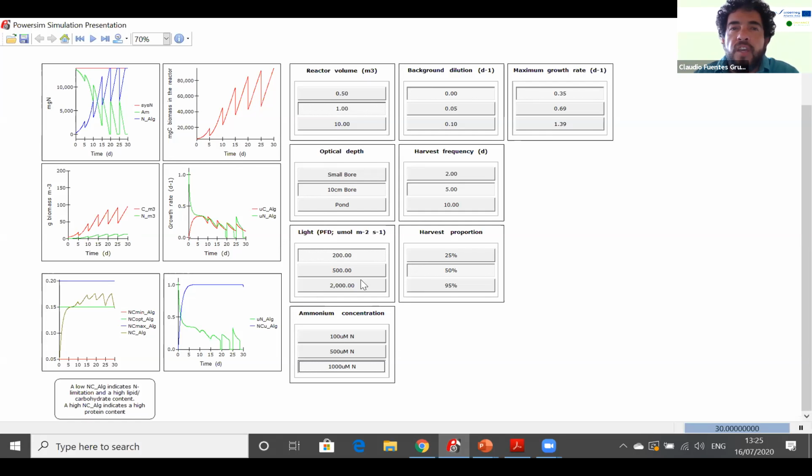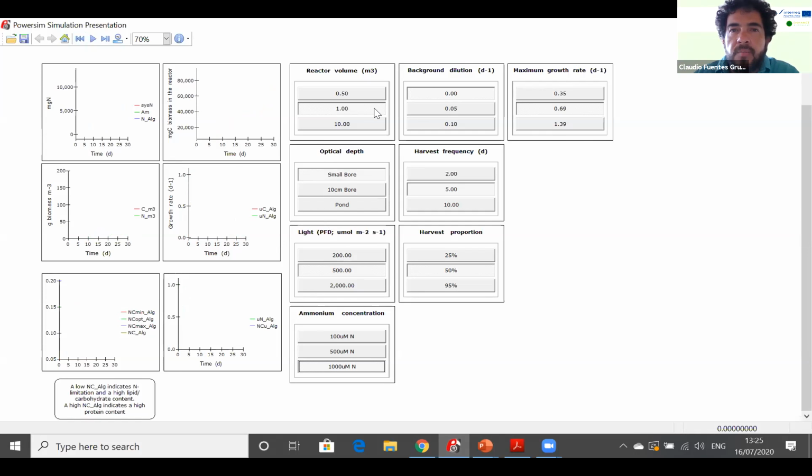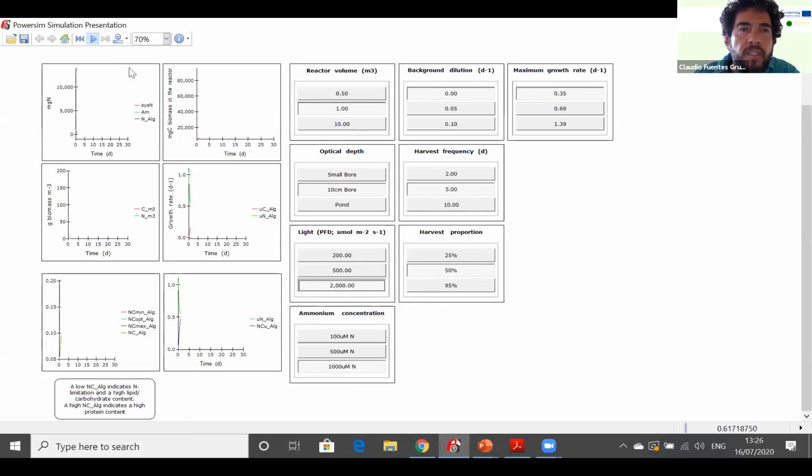If we go back and do exactly the same simulation, 1 cubic meter, no background dilution, 0.35, PBR of 10, harvest frequency of every 5 days, 50%, but in this case we go down to Spain with a higher light intensity throughout the whole year and a higher ammonium content, you will see the main difference here.